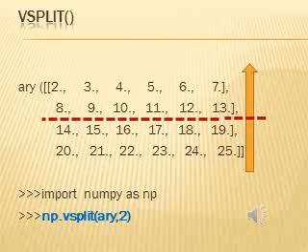Remember, first draw a vertical line. Then, based upon the question, you will cut the line into as many parts as demanded. For example, here it is written ARY, 2. So, you will cut the vertical line into 2 equal parts.